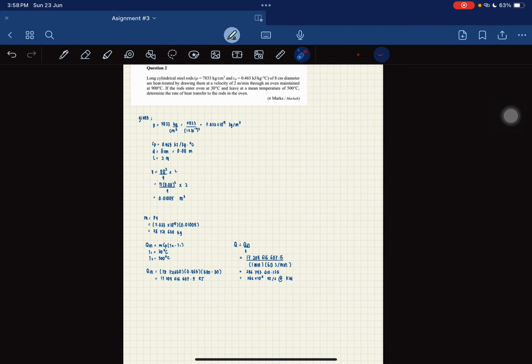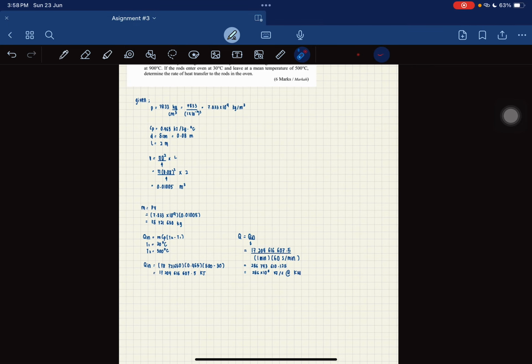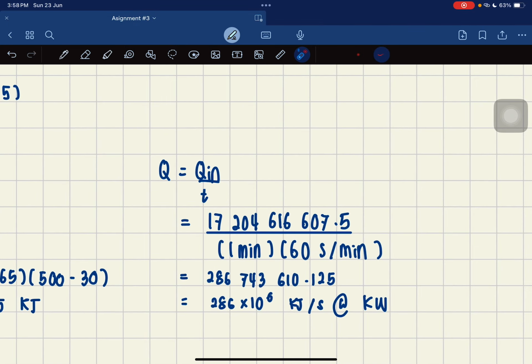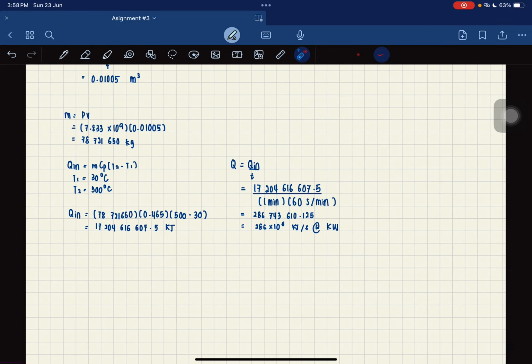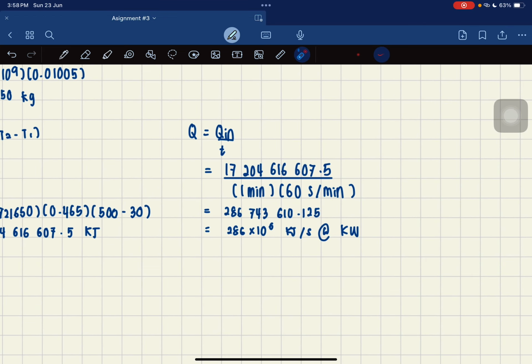To determine the rate of heat transfer, we divide by the time, and we substitute the values, and the final answer that we get is 286 kilojoule per second, or kilowatt. So that's all. Thank you.